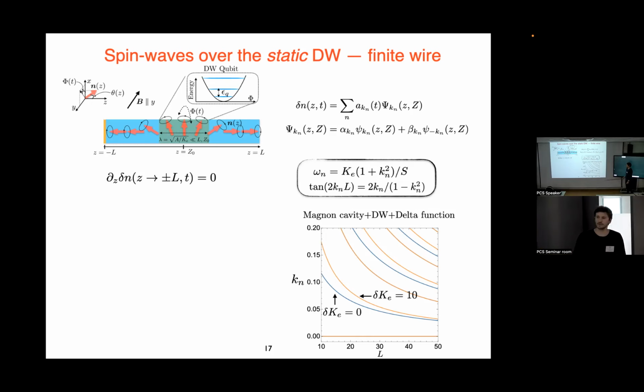Because we want to look at the cavity, we want to see how the eigenvectors associated with this cavity look. And L is expressed in terms of the domain wall size. So we are interested in when L is much larger than the domain wall size.